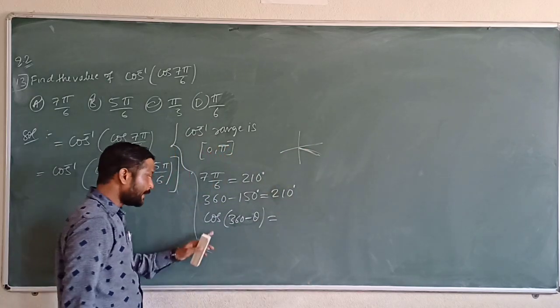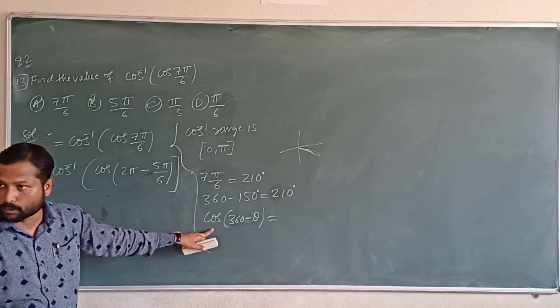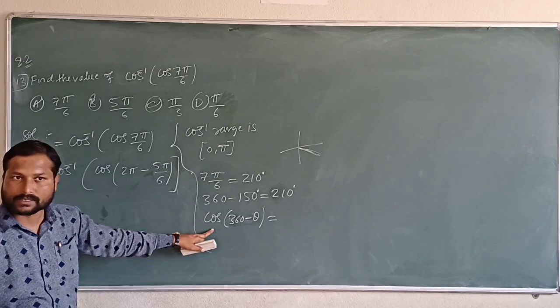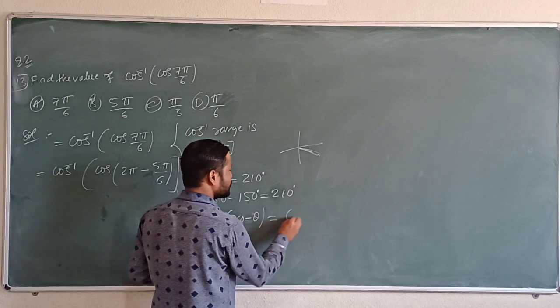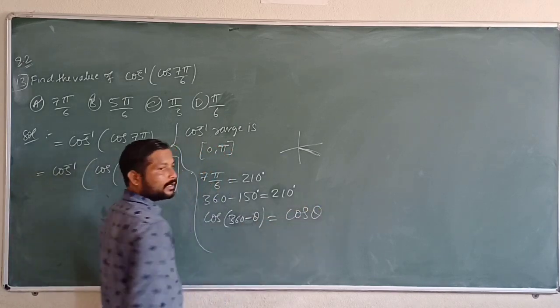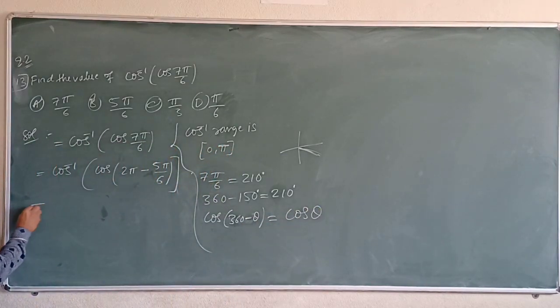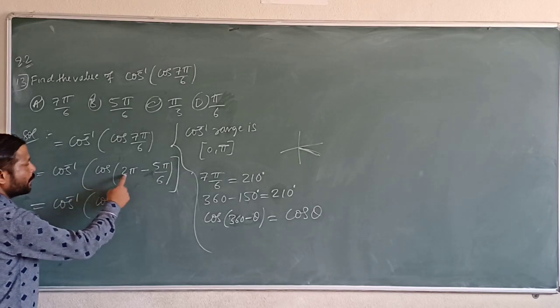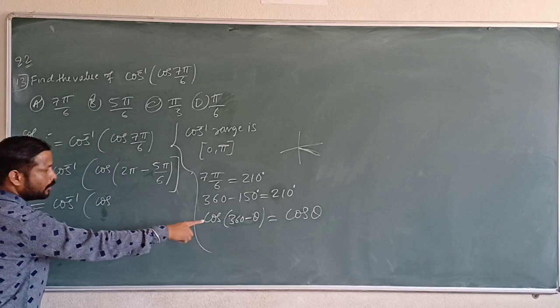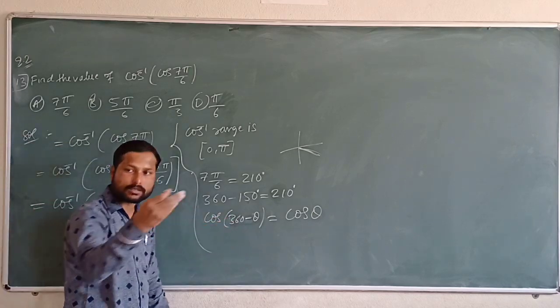Fourth quadrant. In the fourth quadrant, is cos positive or negative? Positive. The functions do not change. Correct? Cos of 360 minus theta is plus cos theta. So therefore cos inverse of 2 pi minus theta, cos of 360 minus theta, is cos theta.